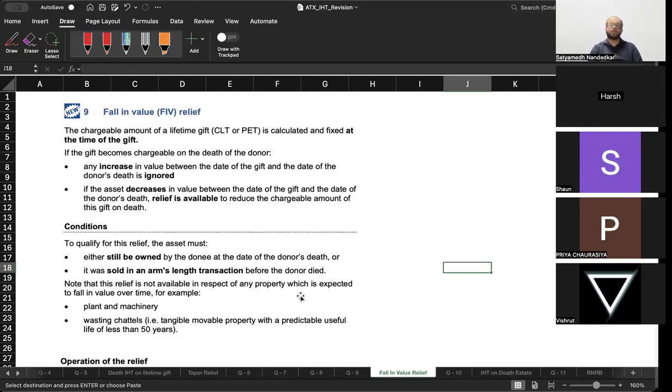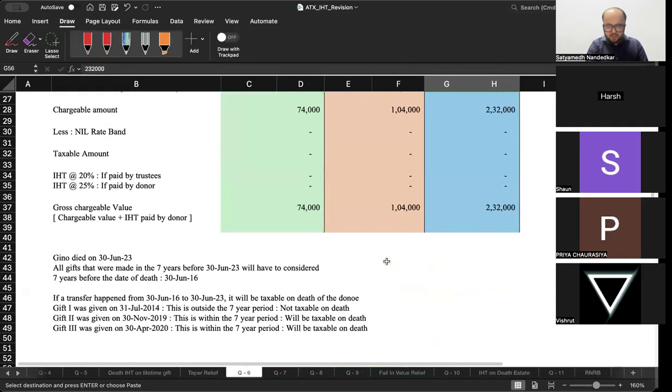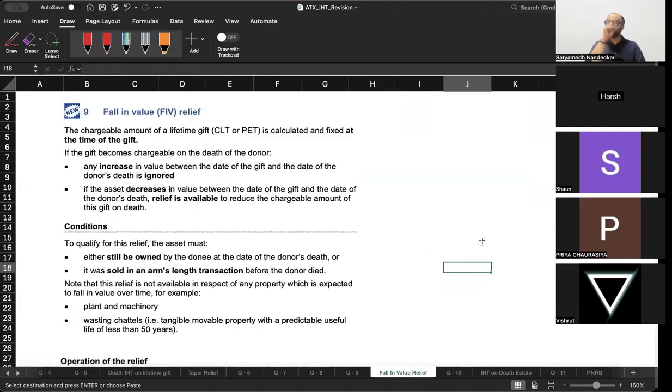If the gift becomes chargeable on the death of the donor, any increase in value between the date of the gift and the date of the donor's death is ignored. Observe here in this question, the GCV was fixed at 2,32,000. Now it might happen that on the date of death, the market value of this particular asset has gone up, but you will not take the market value into consideration. You will stick with this GCV that is given to you. Okay, the increase will not be considered.